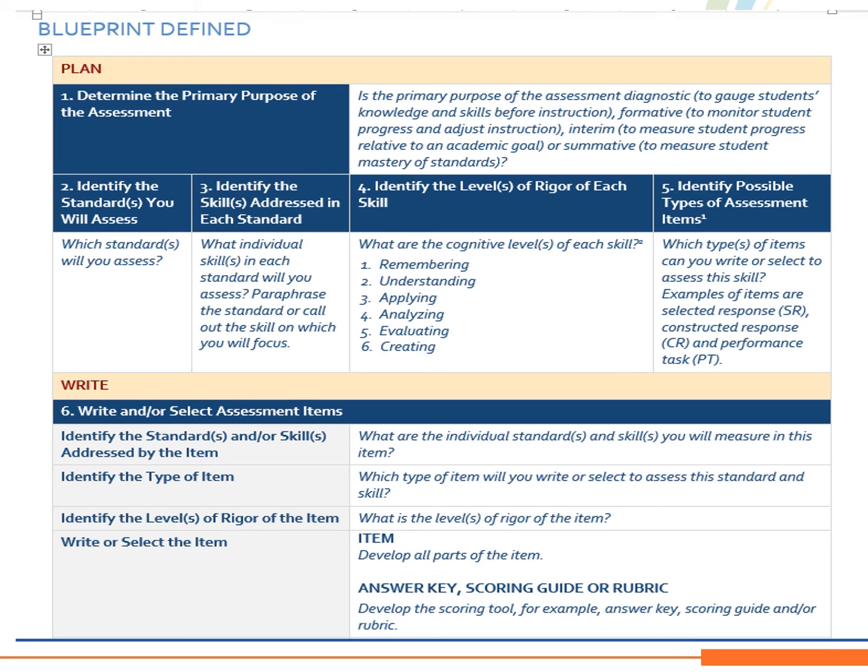Okay, so I thought that it was important to also just include a definition for each section. So you can use the previous slide as a template, and then you have your blueprint defined here.